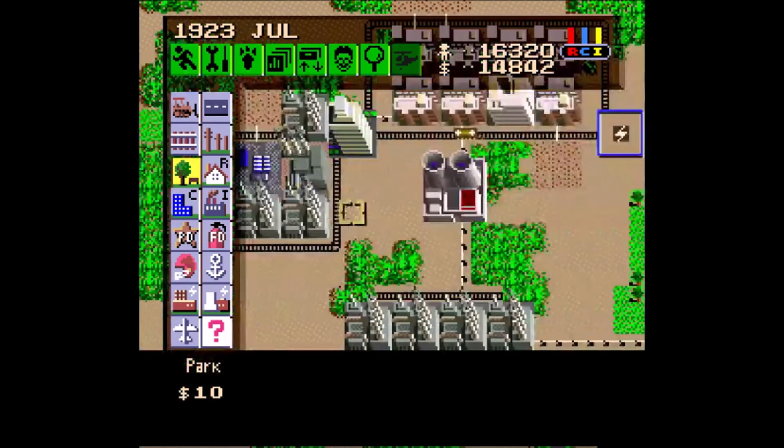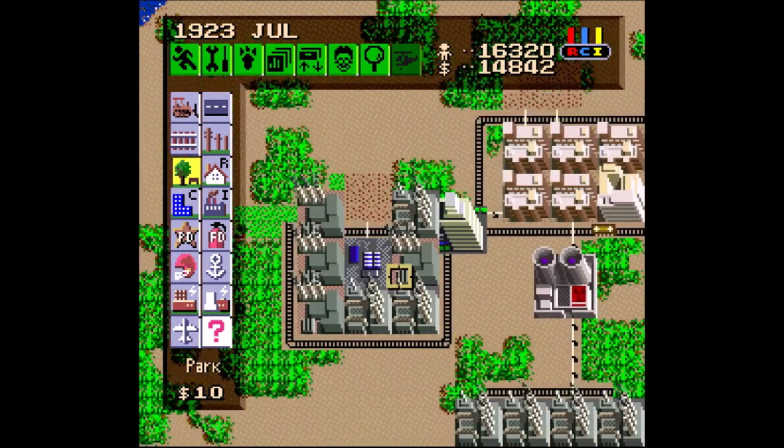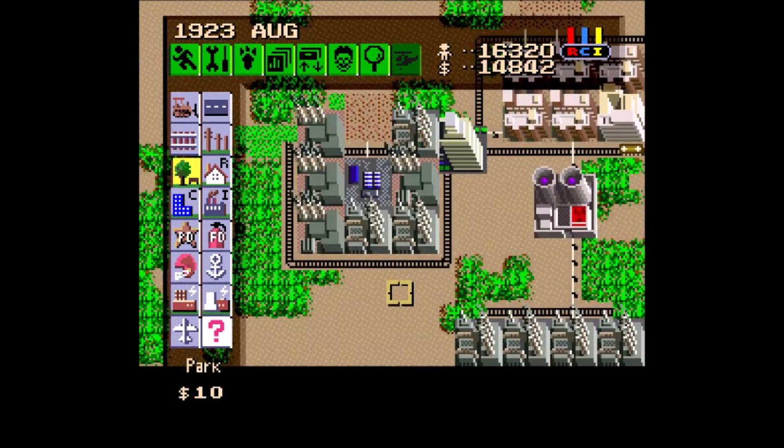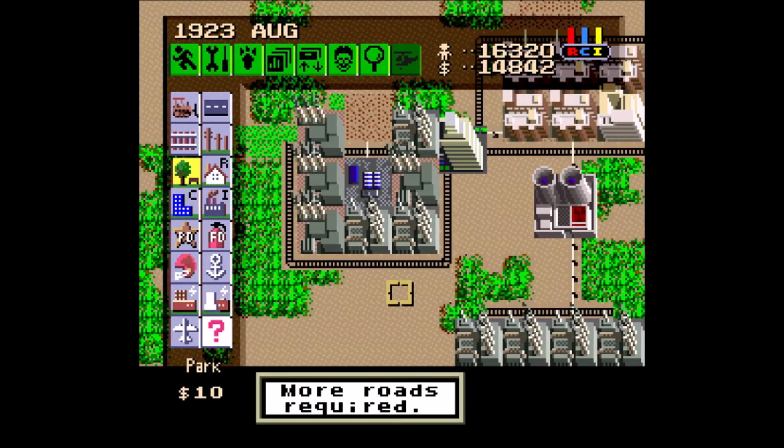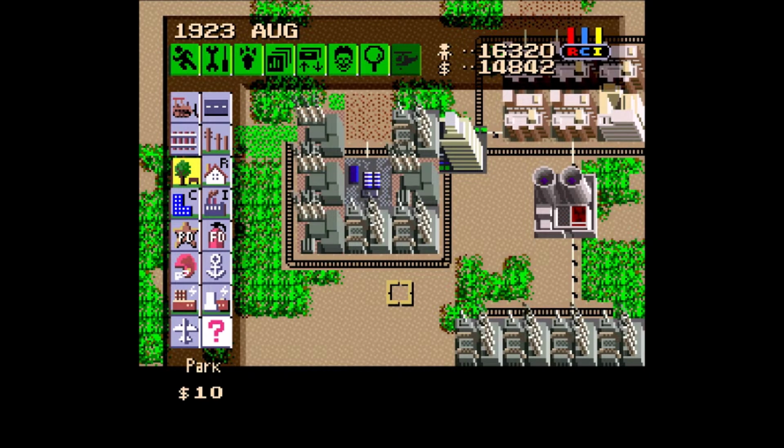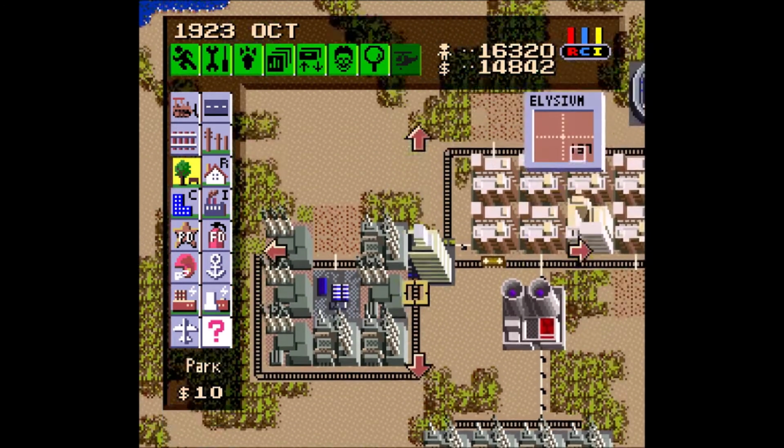So the difference between an industrial zone and a commercial zone is you can put an industrial zone in any spot in any situation and it will develop. For a commercial zone, you have to give it the optimal conditions for it to develop, but once it's developed, it will stay that way. It will not revert back due to things like pollution.